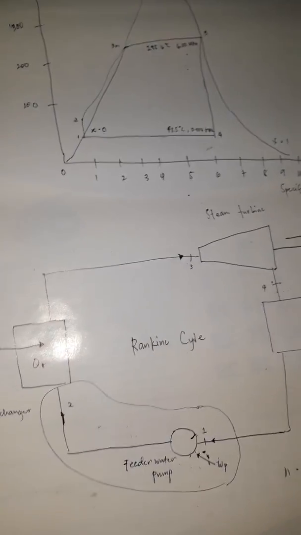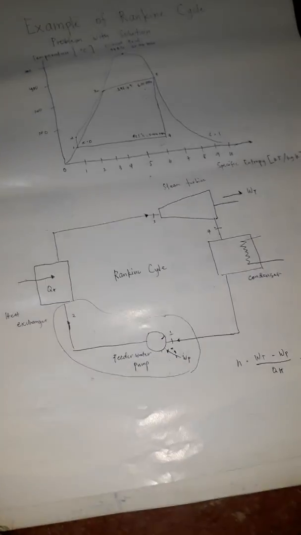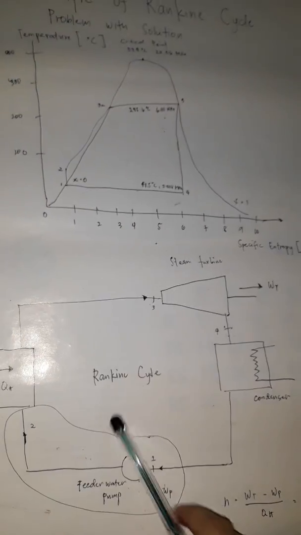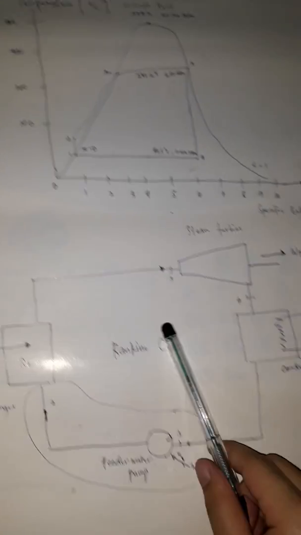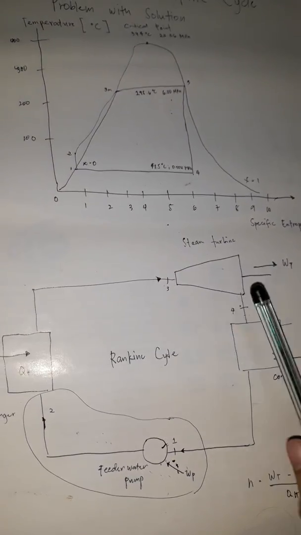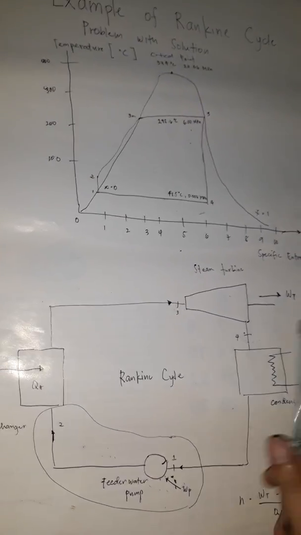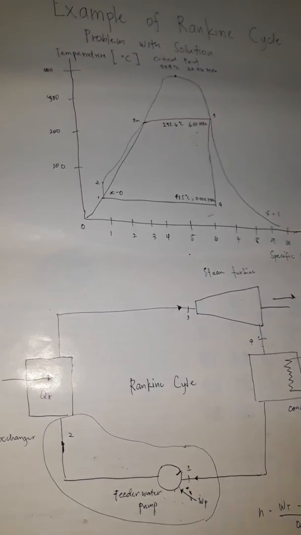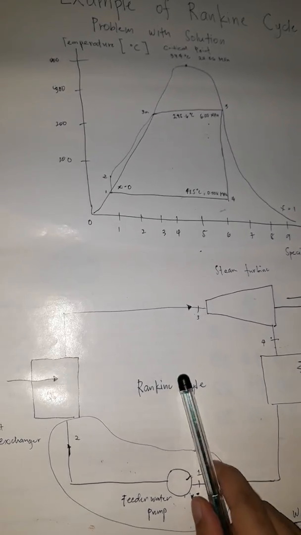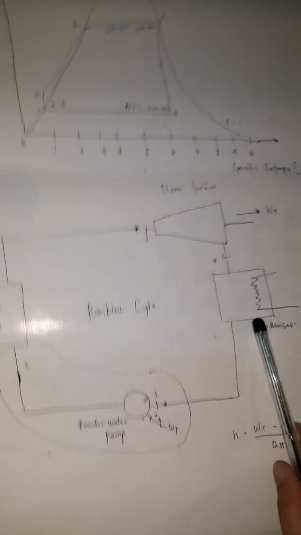So let's proceed to the first, to find the vapor quality of the outlet steam. Since we do not know the exact vapor quality of the outlet steam, we have to determine this parameter, state 4.